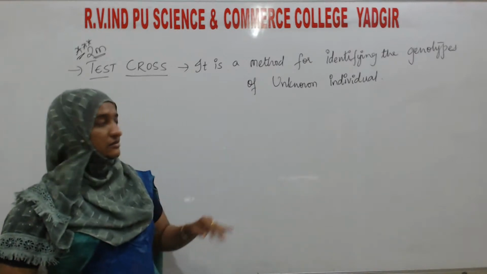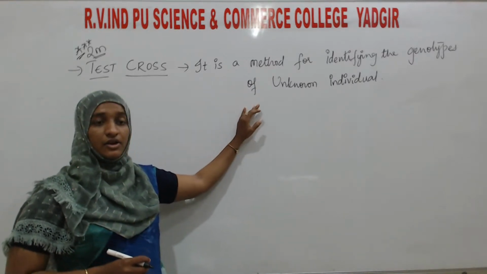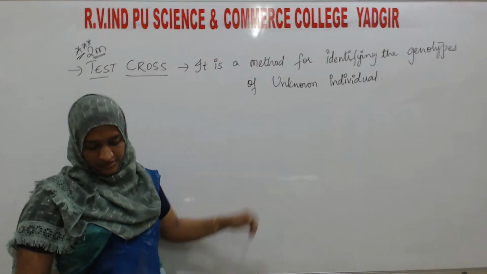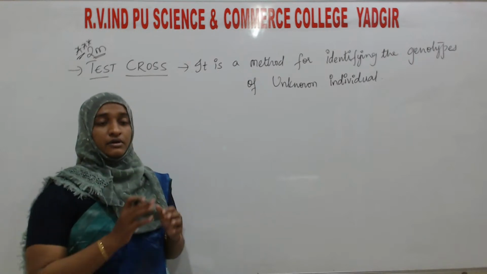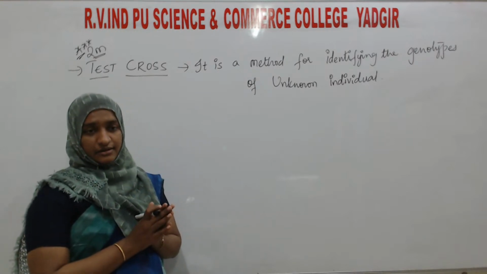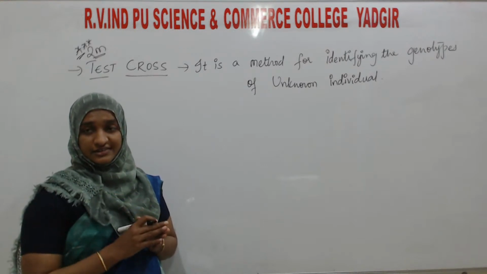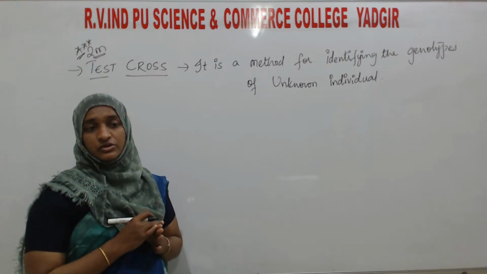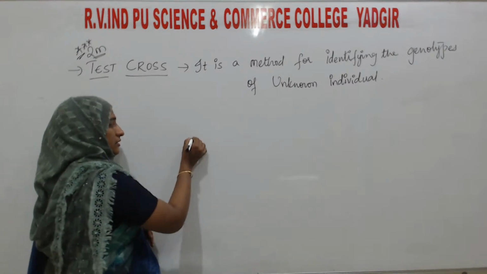What is test cross? It is the method for identifying the genotypes of unknown individual. See here, the dominant character in the monohybrid cross. What we studied is about the dominant and recessive, as well as one gene being inherited to the next generation.